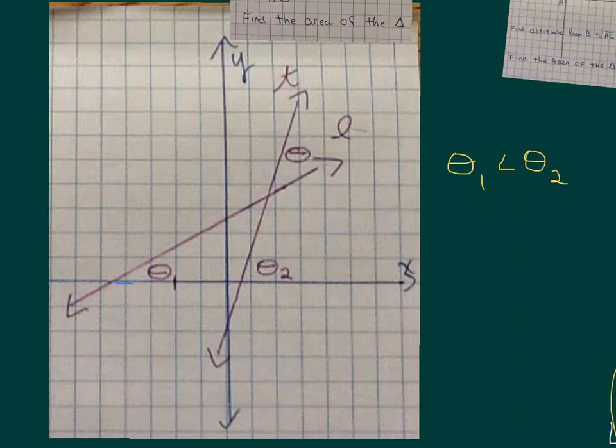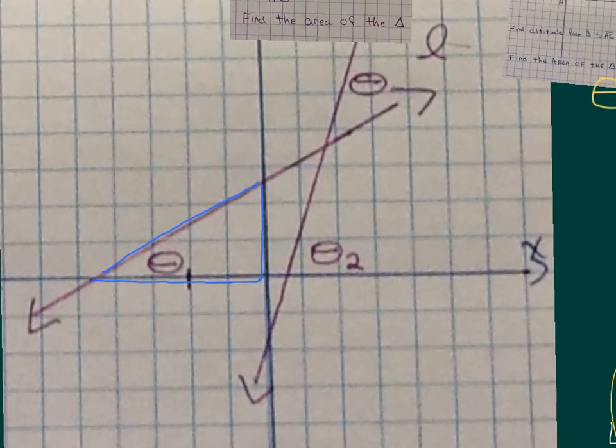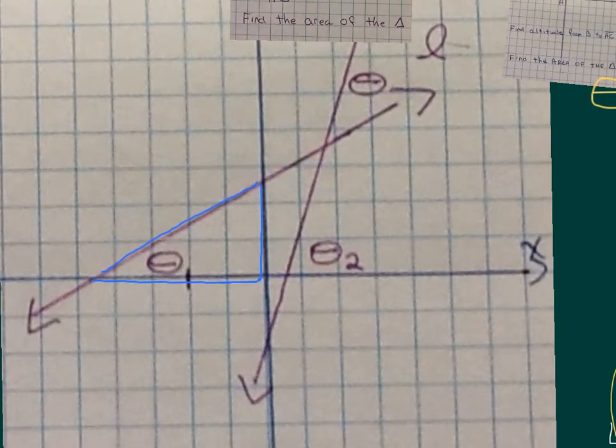If we think about this triangle, notice that I have theta 1. This is the triangle we're looking at, sorry. So I have theta 1. If this angle is theta 2, then the angle inside the triangle is 180 minus theta 2.